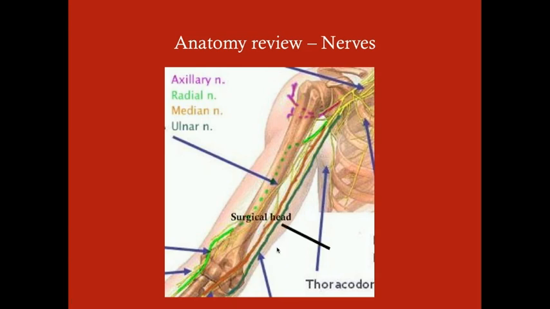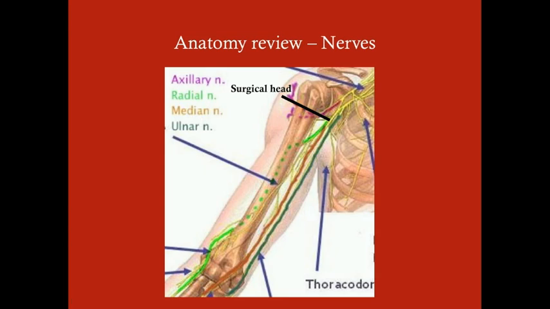Okay. And then important to note the surgical head, which is really just an imaginary line, but it's part of the humerus. What the surgical head technically is, is the part right below where the physis used to be in adults.